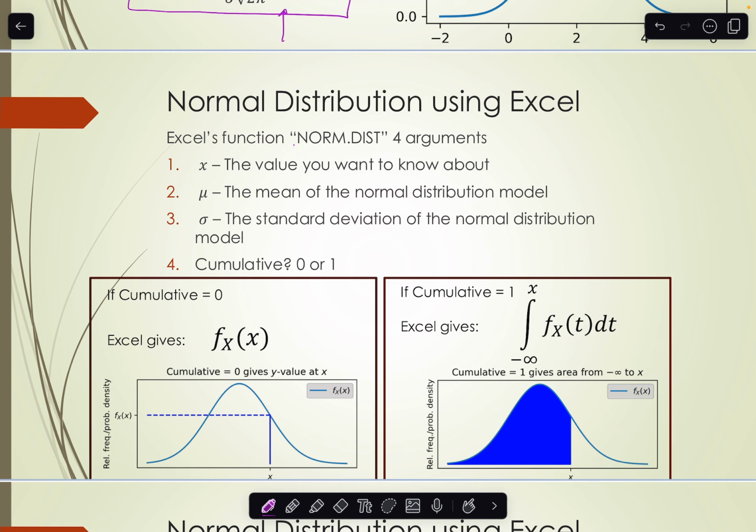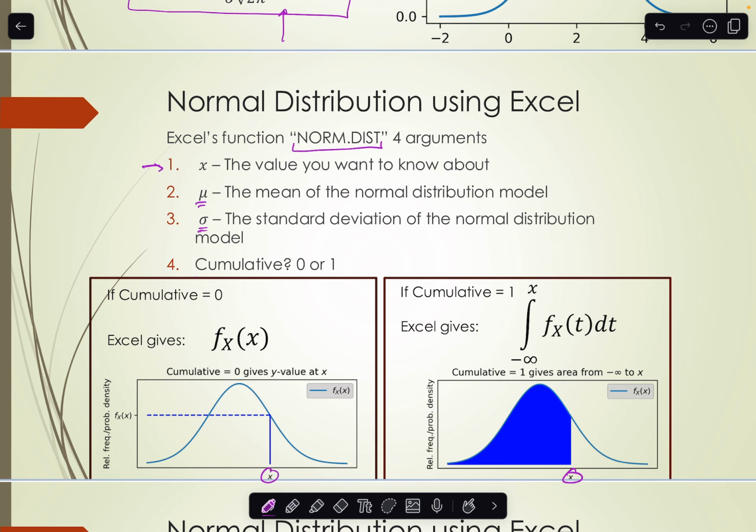Excel has a function called norm.dist, and that function has four arguments. Let's go through them. First is the x value. That's the value that you're interested in. The second is the parameter mu that defines the distribution, and the third is the parameter sigma that defines the distribution.